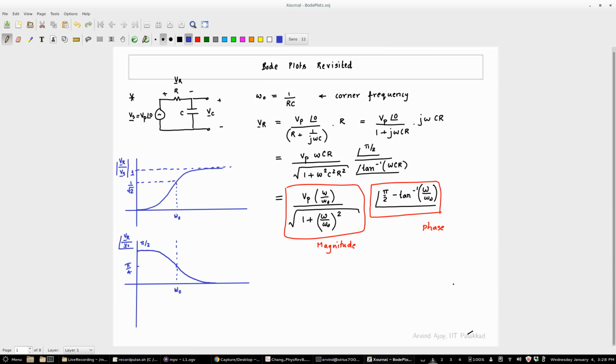You have tan inverse of 1, which is going to be pi by 4. So pi by 2 minus pi by 4. So at omega equal to omega 0, I have a phase of pi by 4. And as omega tends to infinity, this phase angle will tend to 0. So the phase itself goes something like that.